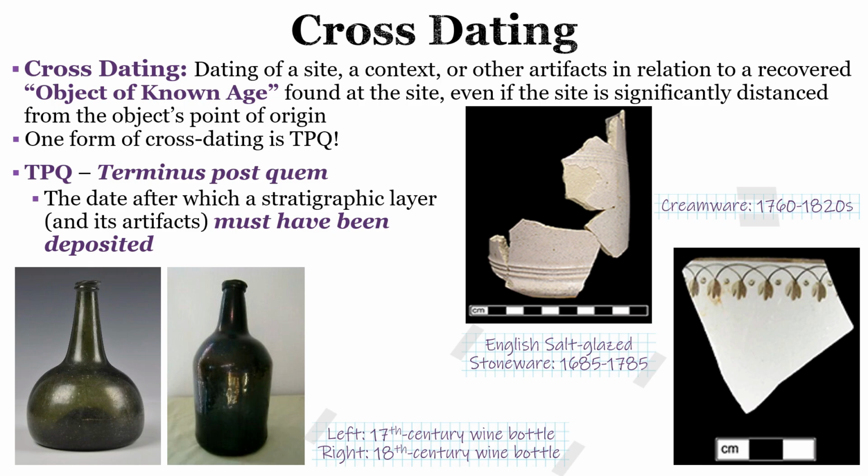So do we say that the dirt dates to the old thing, that 50 BCE? Or do we say it dates to the younger thing, that 20 BCE? Well, this is where terminus post quem can help us. Because what it tells us as a concept is that humans have always loved hanging on to stuff.